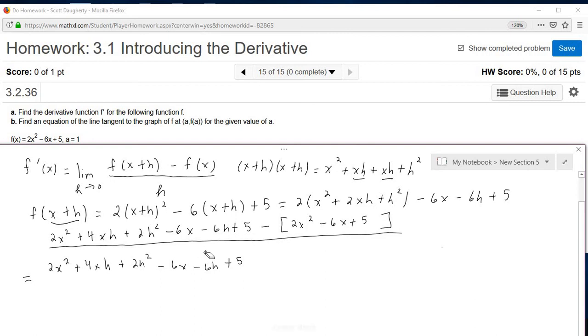And let me move this h so it doesn't get in the way. And then distribute this minus sign. So you get minus 2x squared, and then a minus times a minus is a plus, so it's plus 6x, and then minus 5. And then all of that is divided by the h on the bottom.